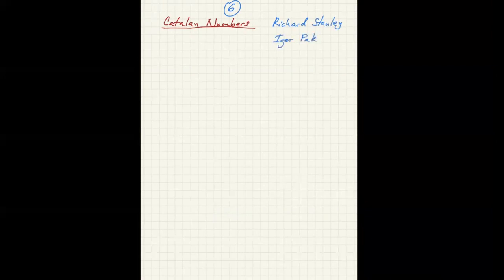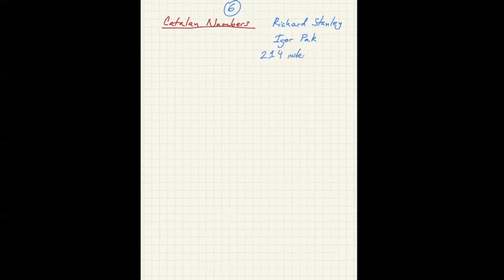So the appendix describes the history of these numbers. I think I read there that these numbers should have been called maybe Euler numbers or Euler-Segner numbers and so on. But anyway, it's a fascinating story how the numbers got to be called Catalan. Catalan was a Belgian mathematician who studied these numbers, but he wasn't the first one to do it.